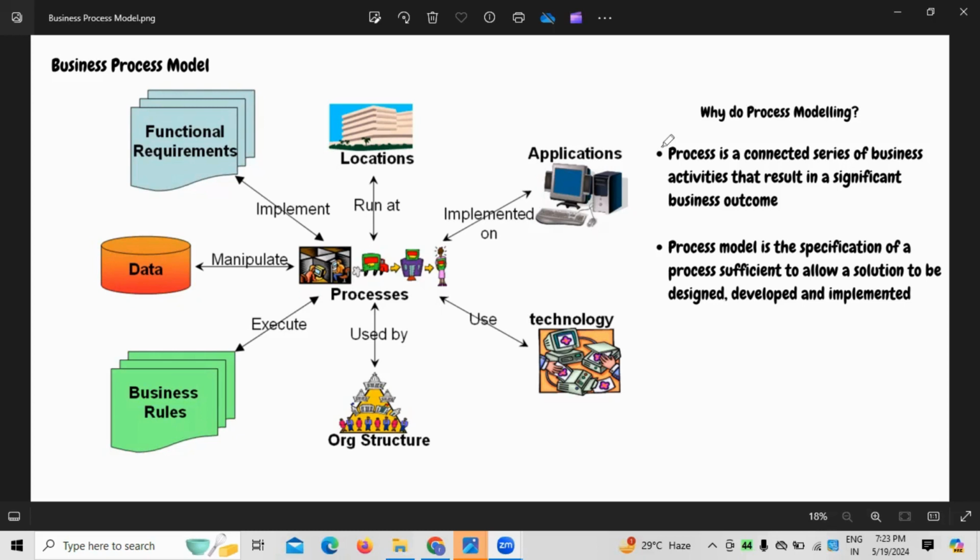Every project has its own challenges we come across. But at the end of the day, the business process model, the overall high-level structure of any organization, remains constant.